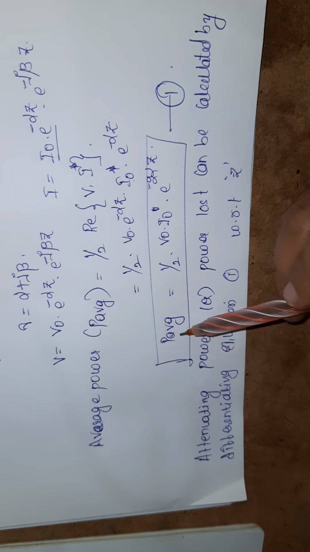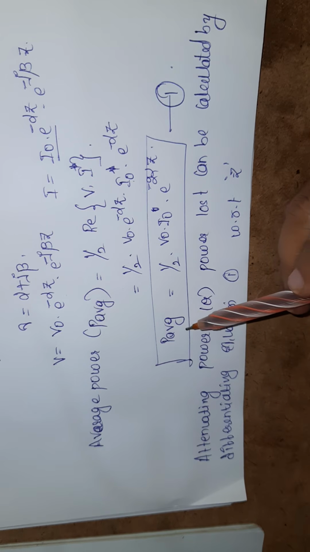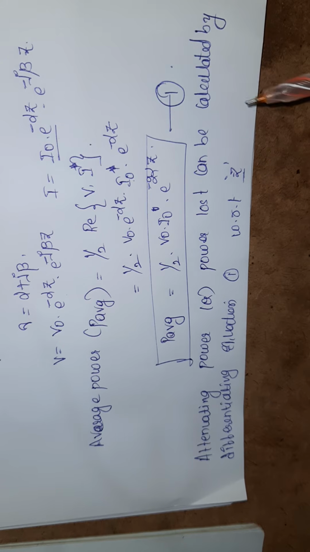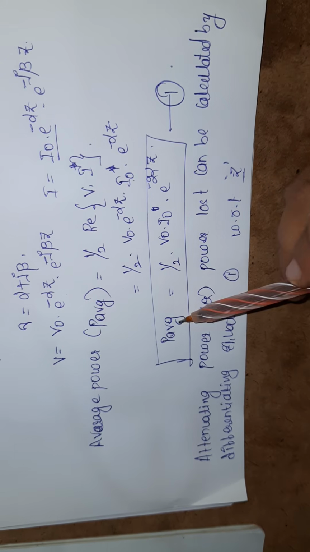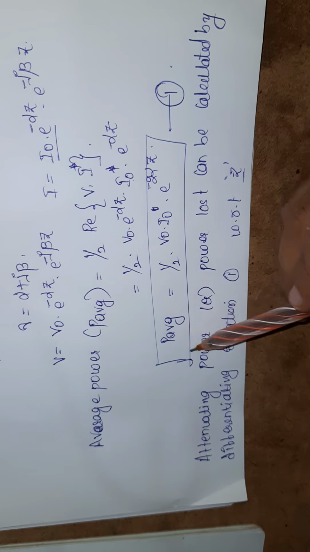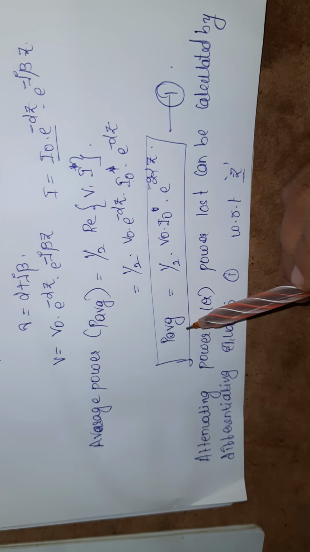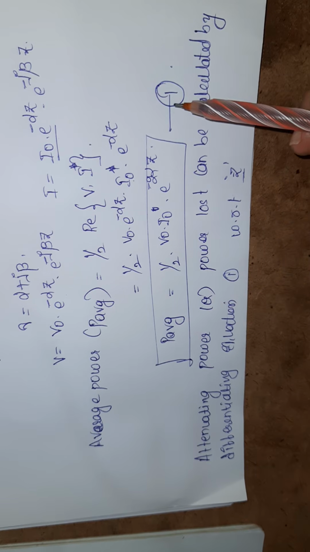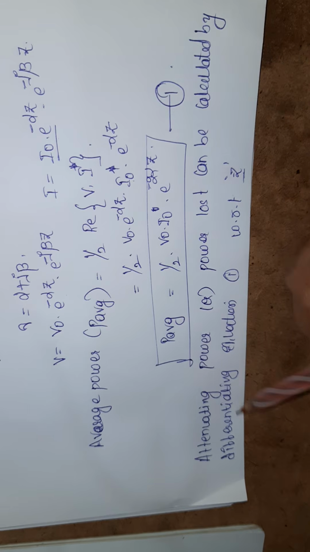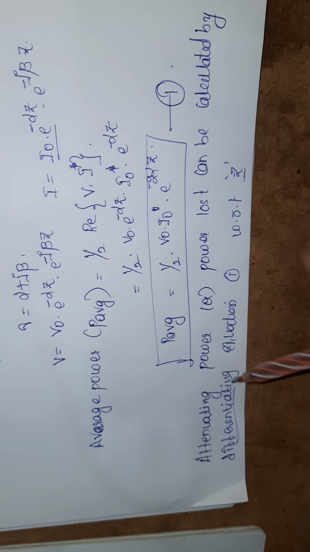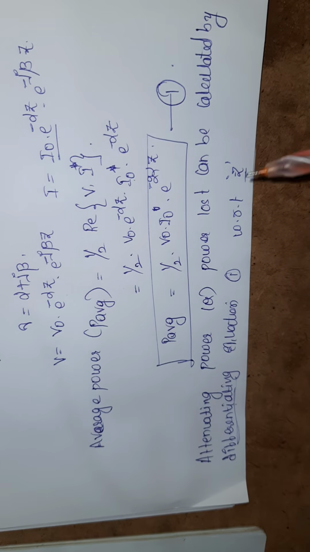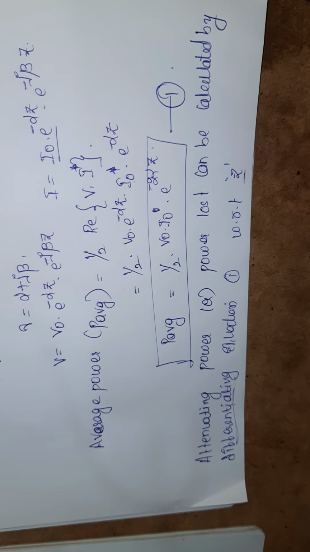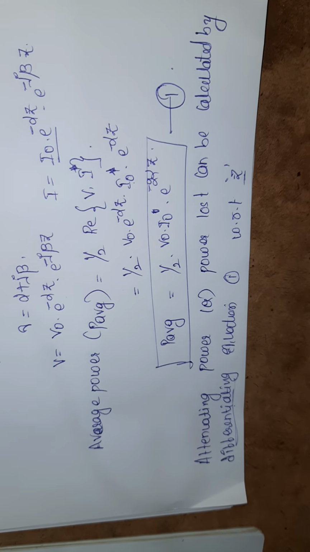Why do we differentiate with respect to z? Because the wave is propagating along the z direction. So dou by dou z of P average will give us how the power is changing when it is propagating along the z direction. Differentiation gives information on how the wave is propagating along z. Is it propagating with increasing amplitude or decreasing amplitude?